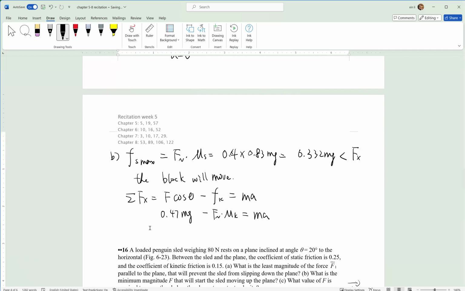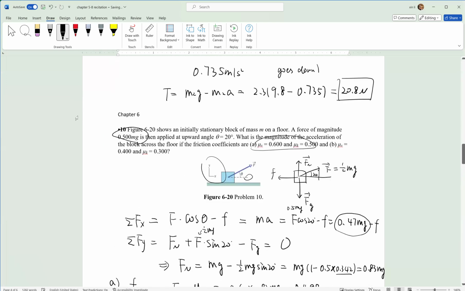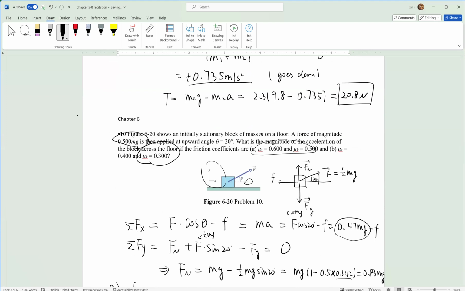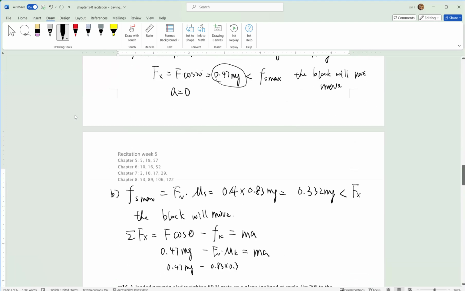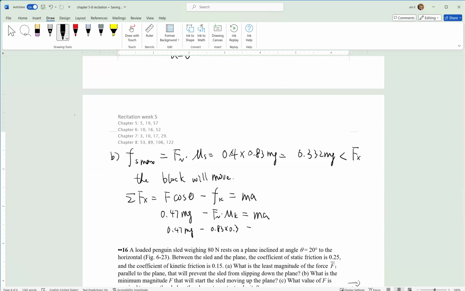So here, this is 0.47 mg minus 0.83 times 0.3. Because it moves, this is kinetic friction, and our mu k is 0.3. We should put a 0.3 here, and then it equals ma. And this is mg, do not forget, 0.83 mg.